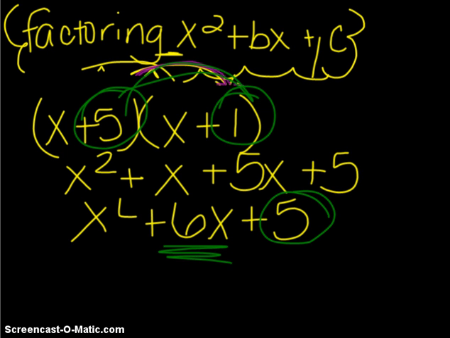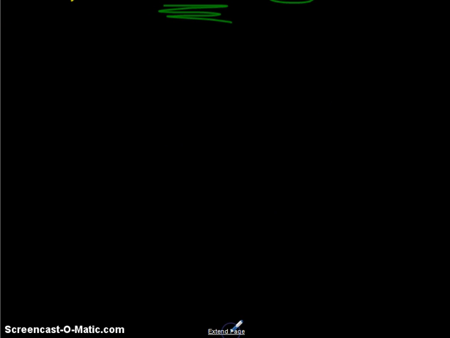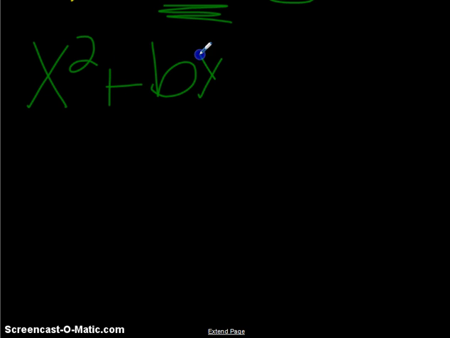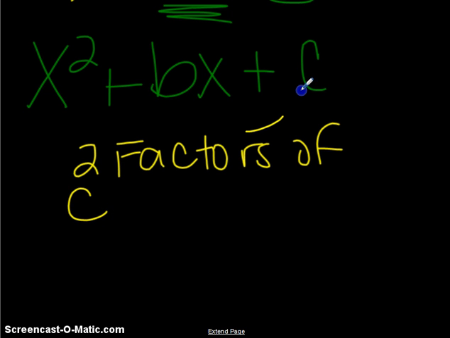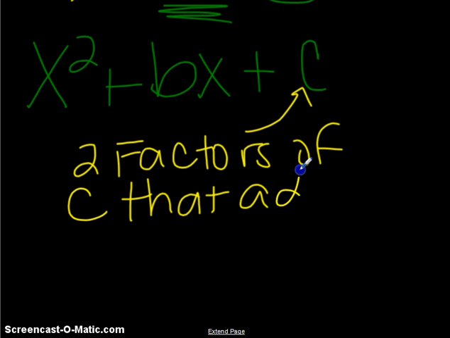So what we're noticing is that when I have x squared plus bx plus c, in order to factor, you want to find 2 factors of c, so 2 numbers that multiply to be c, that add to be b.